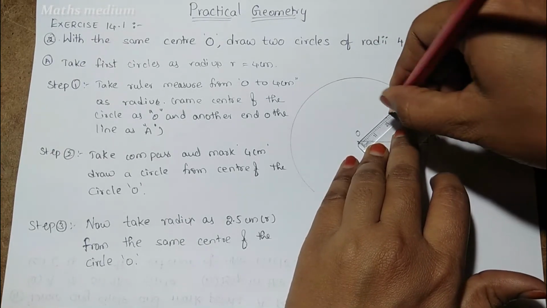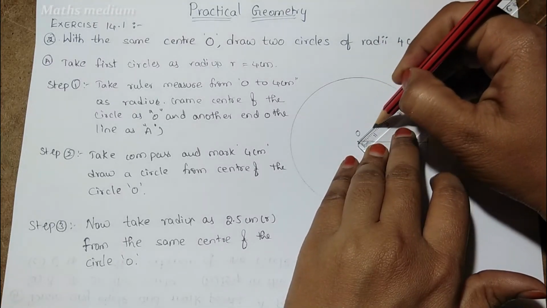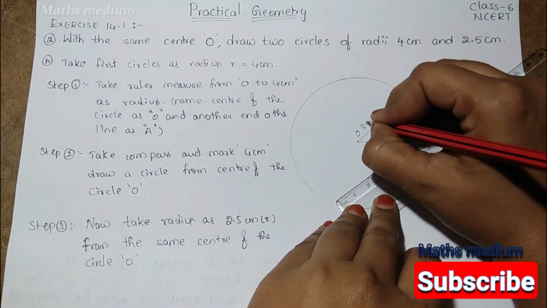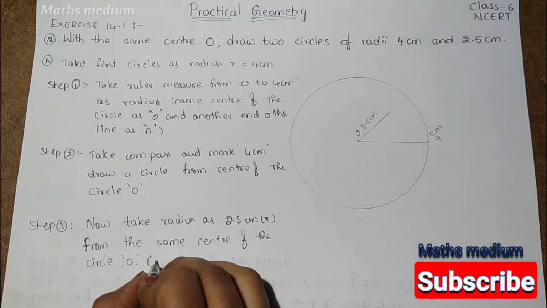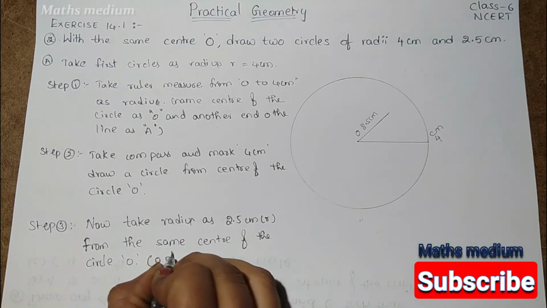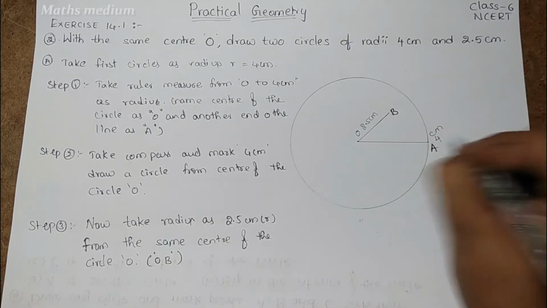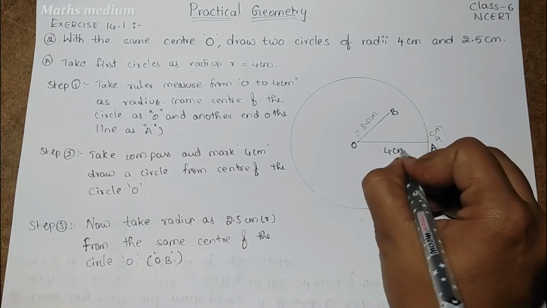So this is 2.5 centimeters. Now draw a radius like this. So this is 2.5 centimeters radius. Sorry, I forgot to name it, like OB. So this is B and this is A. So this is as usual O. So this is 4 centimeters.